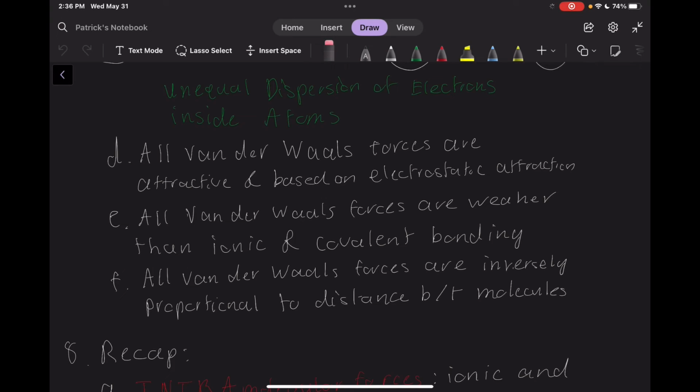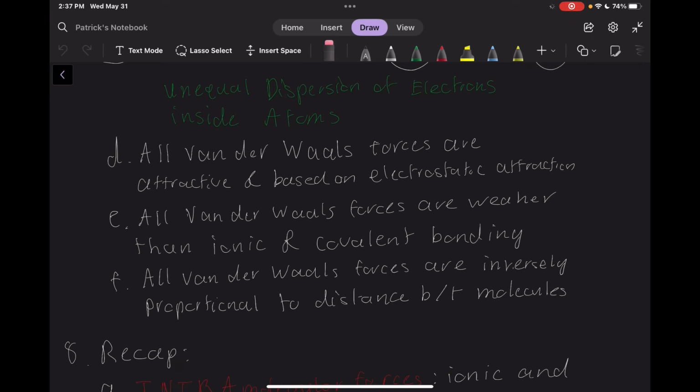This usually happens at extremely high pressures and other conditions that we aren't likely to encounter in everyday life. For the purposes of the average general chemistry course, it's enough to remember that in general, van der Waals forces are attractive. The second statement is that all van der Waals forces are weaker than both ionic and covalent bonding. Sharing electrons is going to create a stronger bond between atoms than being electrostatically attracted.